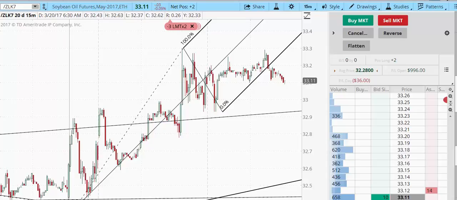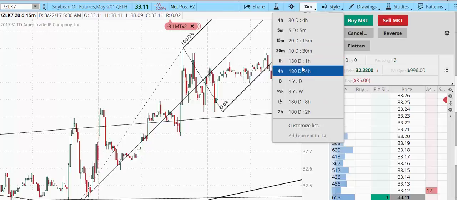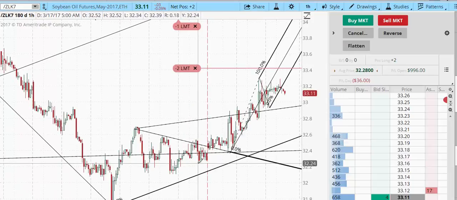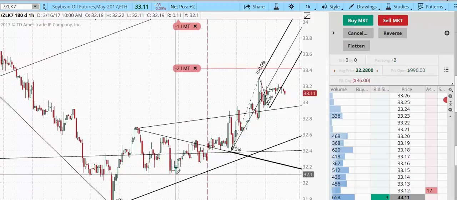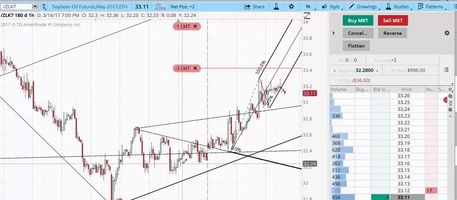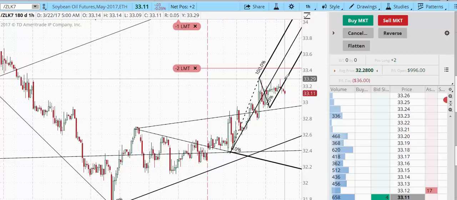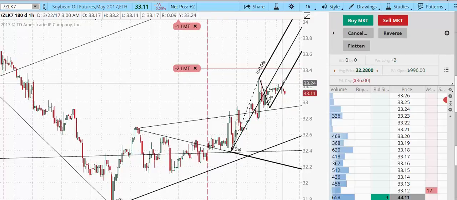Let's look at this in a different time frame. Yeah, that's a little better. It would be about over here somewhere. And as you can see, obviously the market's gone up.